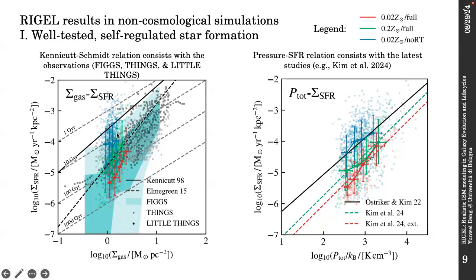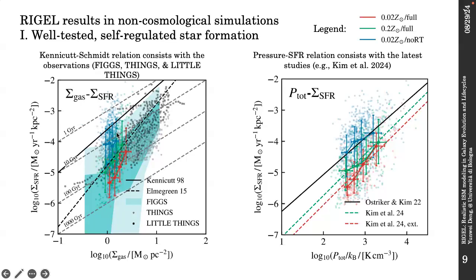What is interesting is that when we submitted this paper to arXiv, we compared our results with Ostriker and team's 2022 results, and found that their result shows a higher star formation rate compared to ours, and it matches with the no RT results.